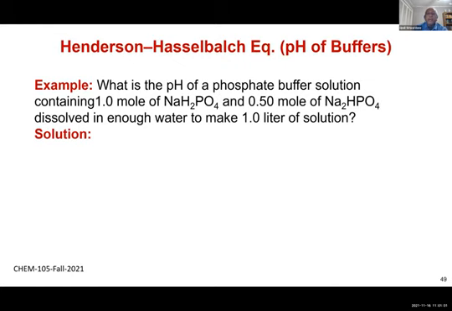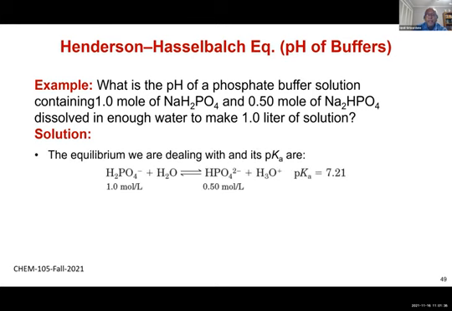So, for example, the pH of a phosphate buffer. The weak acid is sodium dihydrogen phosphate, and the conjugate base is sodium hydrogen phosphate. Since we dissolve both in 1 liter of solution, the concentration of weak acid is 1.0 and the conjugate base is 0.5. We plug these values into the equation.